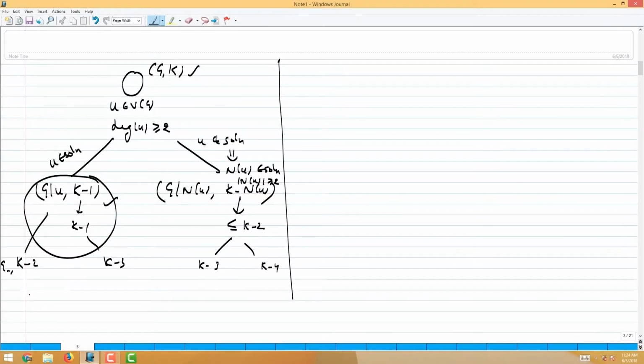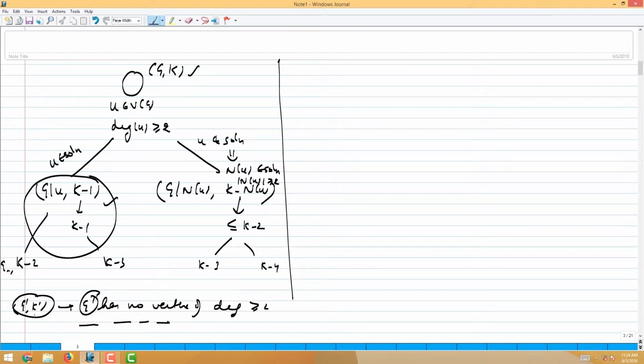So suppose I keep on doing this branching, and at one point I am at an instance (G', k'), and G' has no vertex of degree at least 2. That means every vertex has degree 1, and G' is nothing but a collection of isolated edges. Now in this graph, instead of branching, I can just solve the problem in polynomial time.